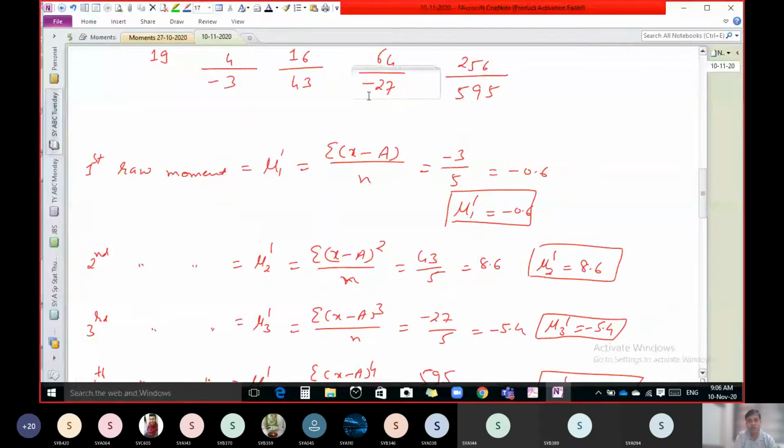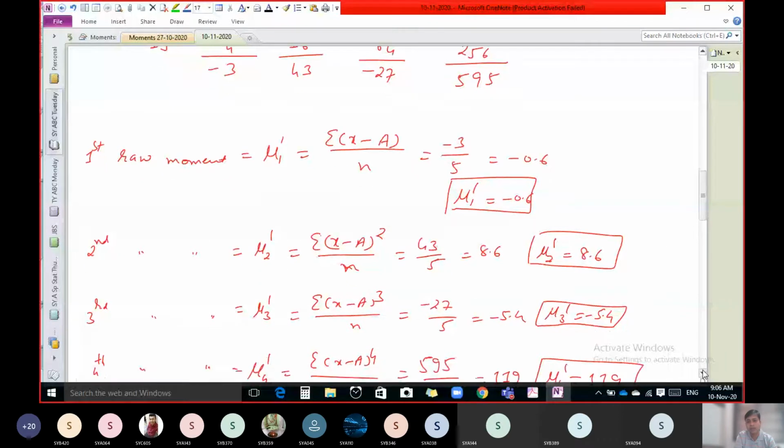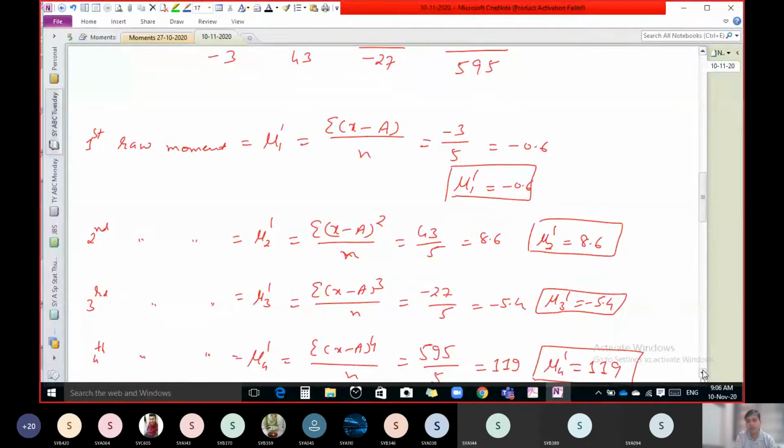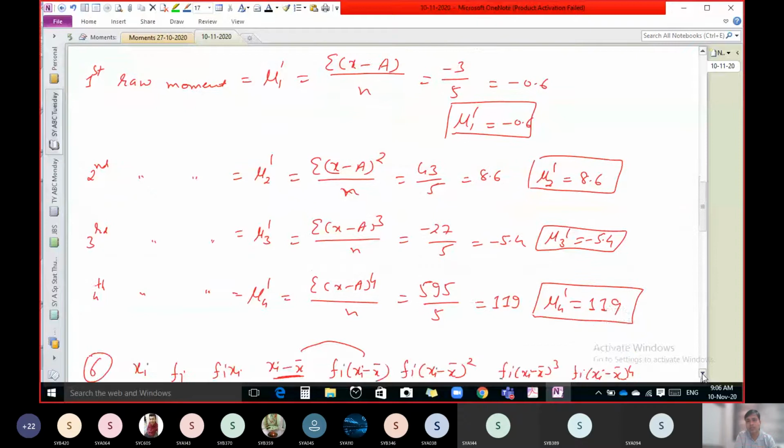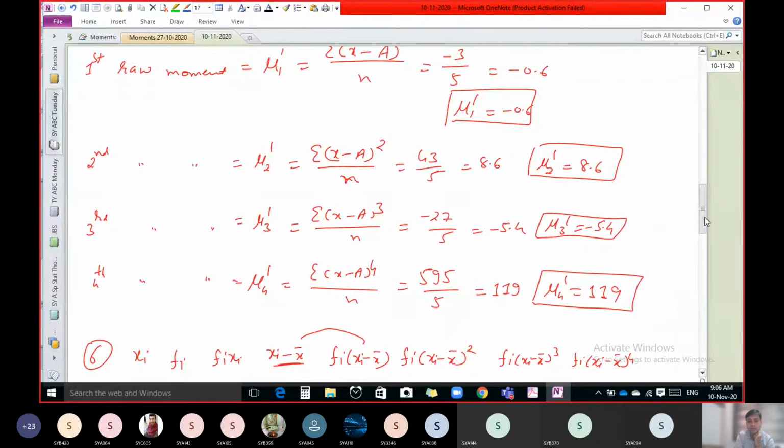Mu3 dash, the total of this, minus 27 divided by 5, is minus 5.4, and mu4 dash is 595 divided by 5. So it is the same as the previous one, but the only difference is that instead of the actual mean you consider the assumed mean, and the symbols are mu1 dash, mu2 dash, mu3 dash and mu4 dash.